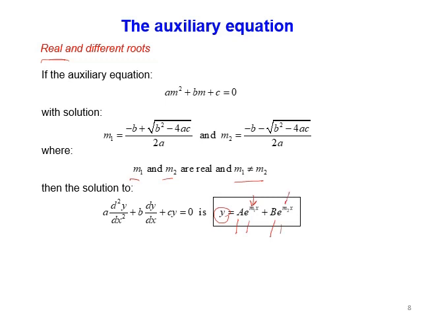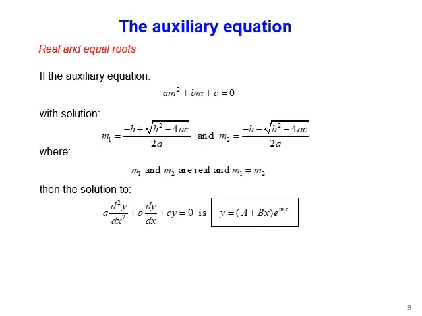Very simple and straightforward. If you find them real but not equal, this is the solution. But if they are equal, if m1 and m2 are equal, then we write the solution between two brackets, a plus bx, times exponential mx.